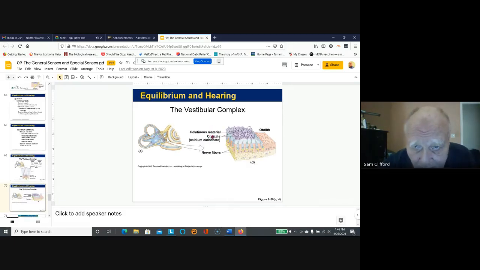So in the vestibule, you have this gelatinous material, and you have these otoliths, which are little crystals. And as your head rotates and moves, the movement of these otoliths in the gelatinous material causes a different position in the receptors, and that's going to allow us to constantly maintain the proper position and movement of our head.